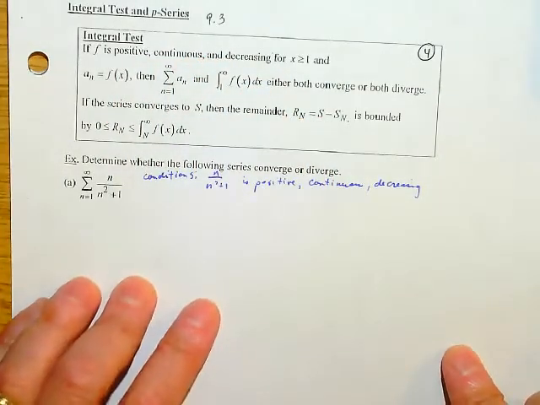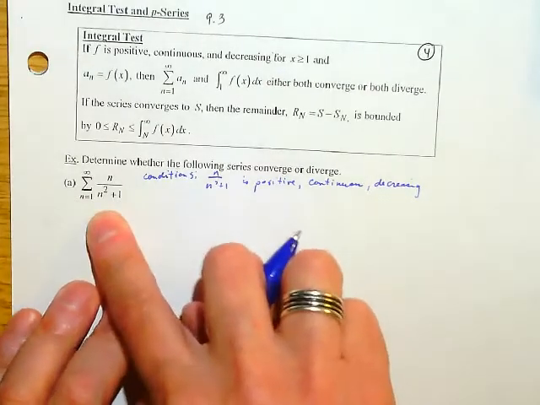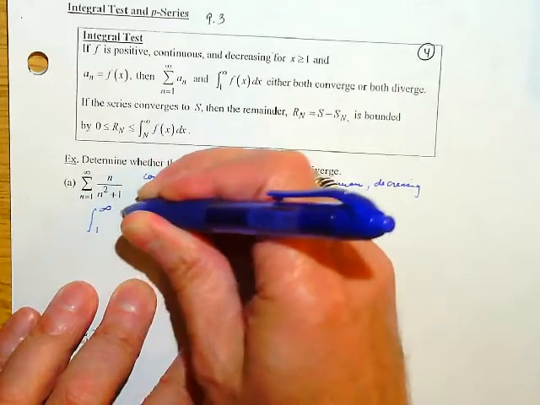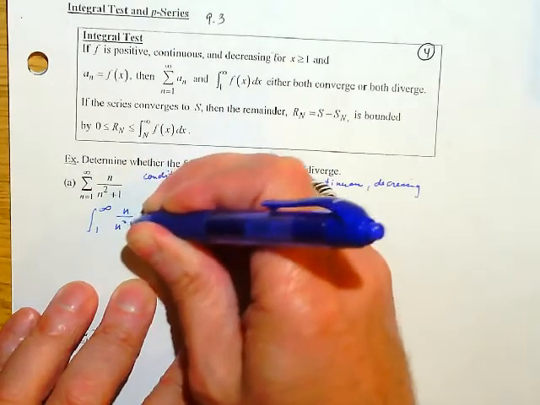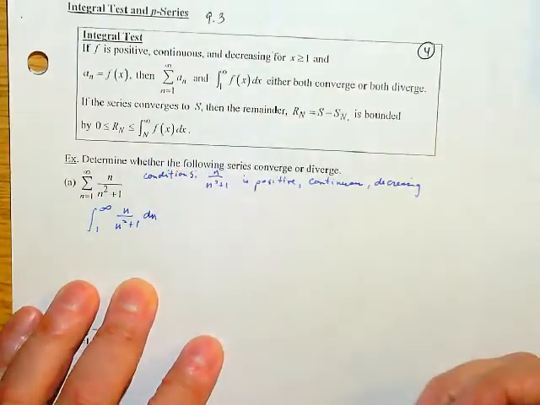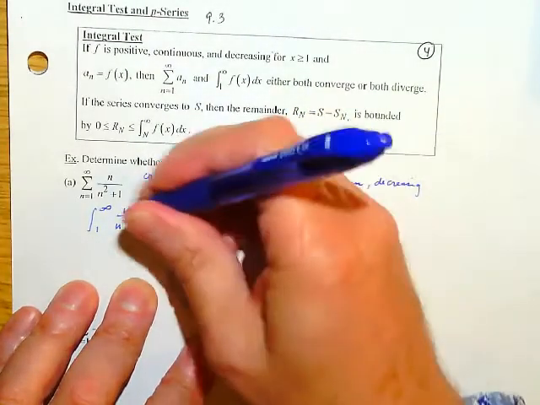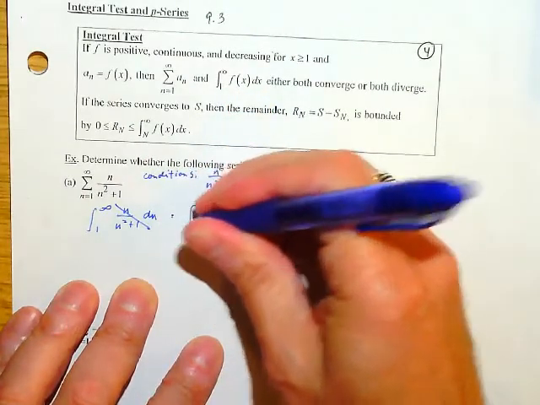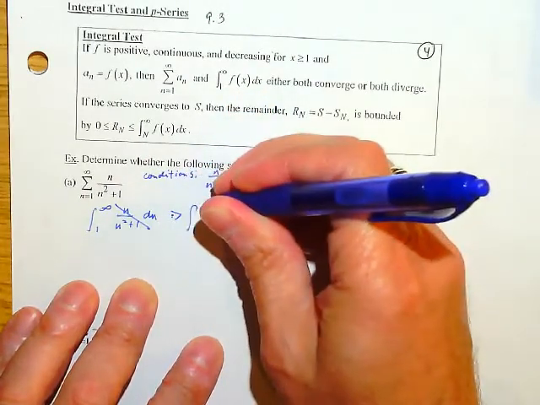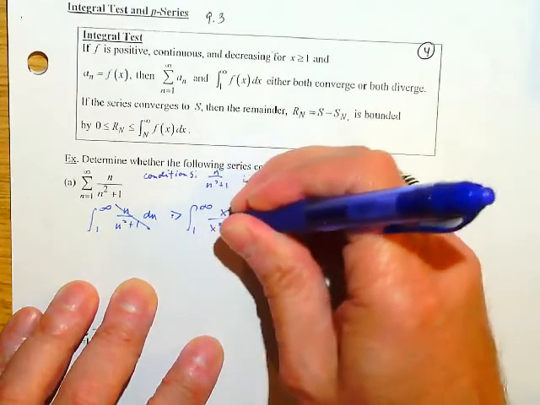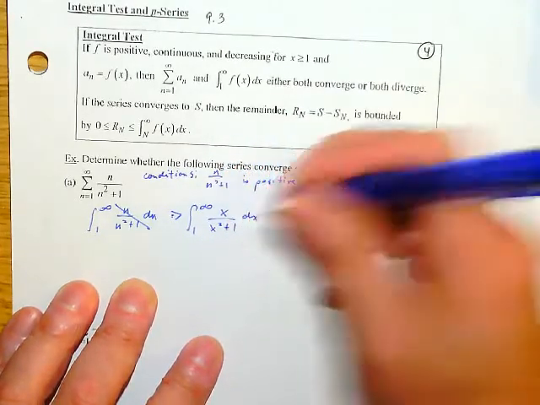Why would we want to do the integral test for this? Well, I'm looking at this and instead I'm thinking, what if I did the integral from 1 to infinity of n over n squared plus 1? And we could make that dn, or we could just make this x values. So we'll do a function of x. So we'll instead write that as the area under the curve from 1 to infinity of x over x squared plus 1 dx, and that seems to make sense.